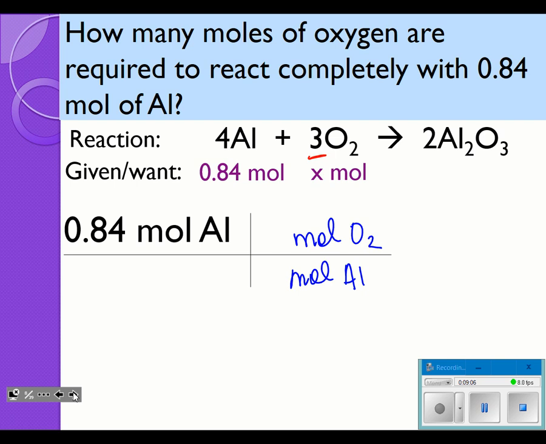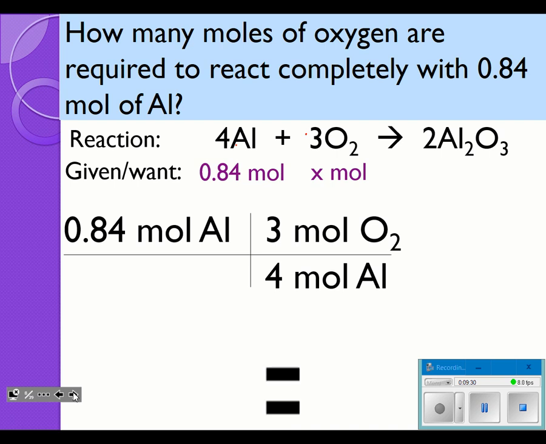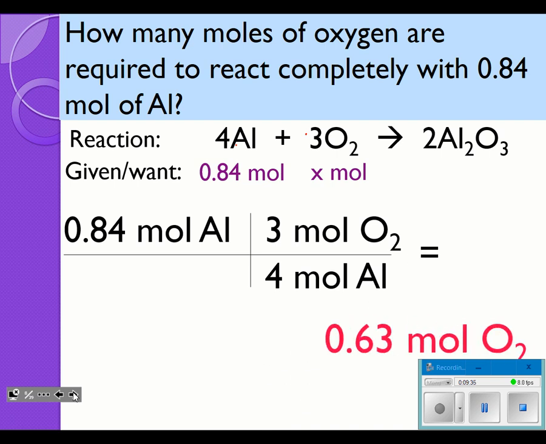And I'm going to use my coefficients. So I have 3 moles of O2 because that's a coefficient of 3, and I have 4 moles of aluminum because that coefficient is a 4. Then I would multiply across, so 0.84 times 3 divided by 4. Okay, so when I do that, my mole ratio looks like this, and I would end up with 0.63 moles of oxygen.